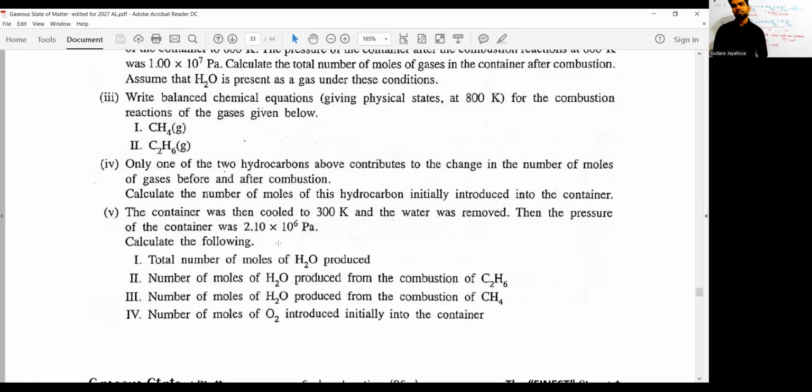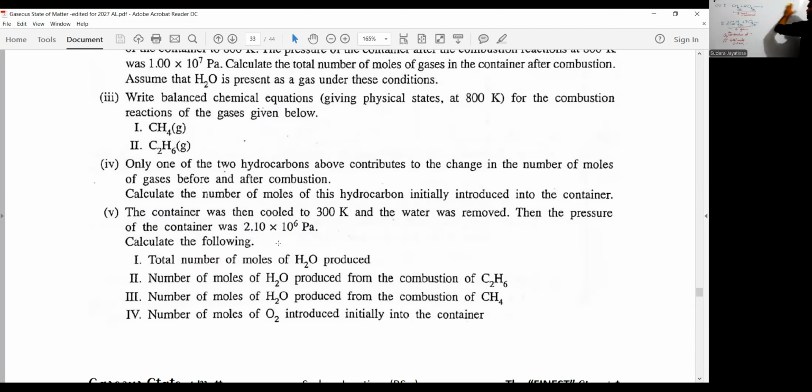Now another temperature, another pressure. And we know the volume still, no? Volume is constant. It was said at the beginning. And they are asking how many total moles of water was produced. Now, what should we do? Again, one more time, we have to apply PV = nRT.